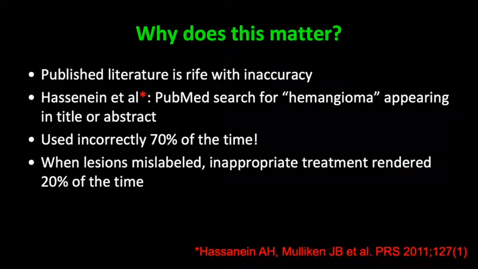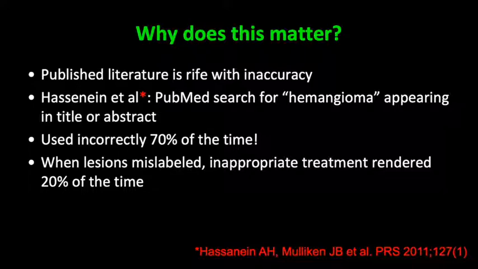So why does this matter? It matters because the inaccuracy that we see in our usage in everyday practice is also present in the literature. Dr. Hassanen, also from Harvard, did a very interesting project. He did a PubMed search for the word hemangioma appearing either in title or abstract, and he found that it was used incorrectly 70% of the time.